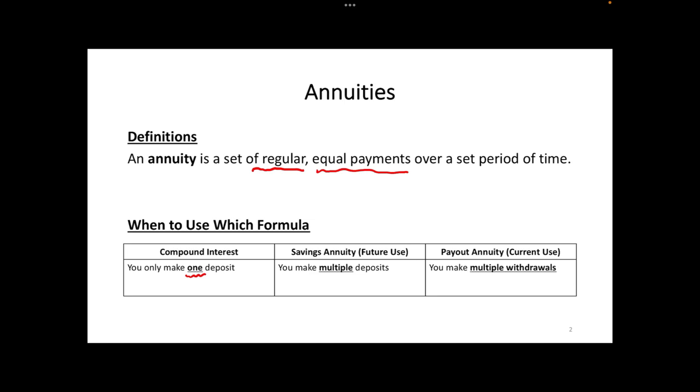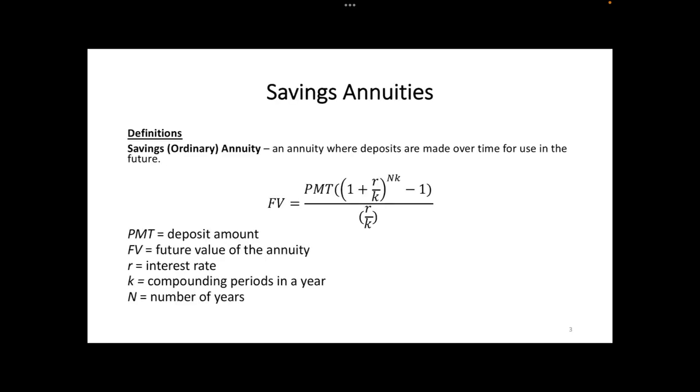When you have a problem, you need to determine what type of annuity first. Why? Because it uses a different formula. Okay, now let's look at them one by one.